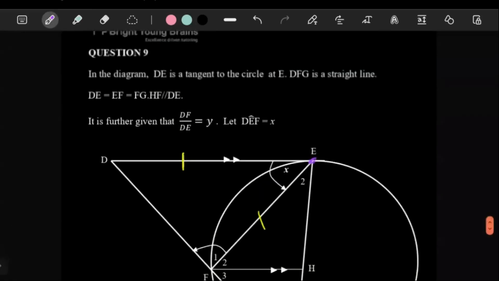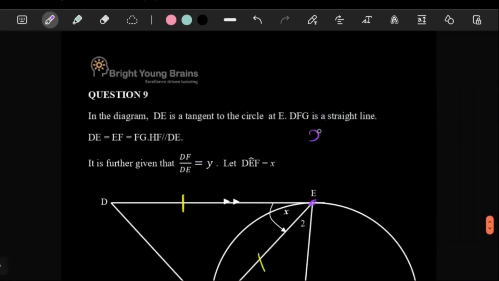DF over DE is equal to Y over 1. If they do that, then they're giving us a ratio that we can work with, which is good, I guess.